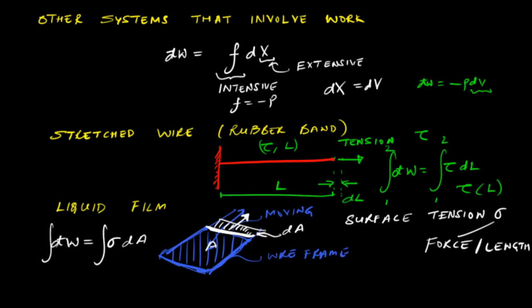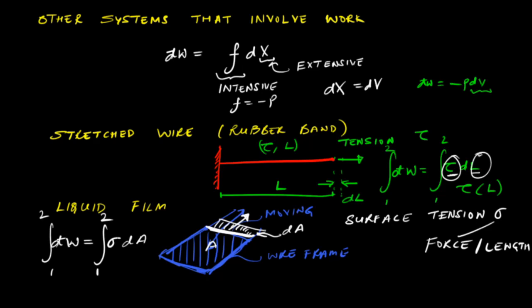And similarly, the total work can be computed by integrating over the path. So again, in the stretched wire, we've seen the work is given by tau dl, where tau is an intensive property and L is our extensive property.